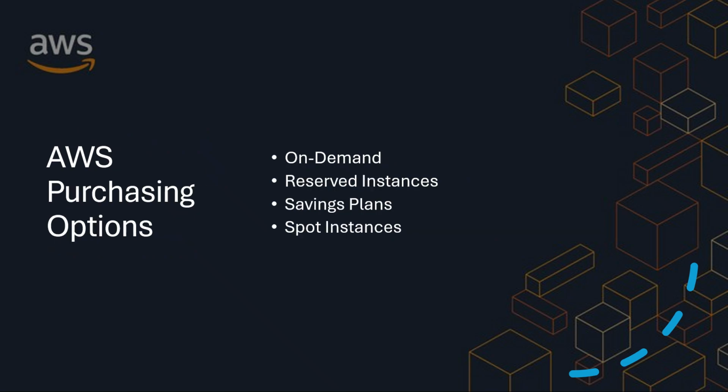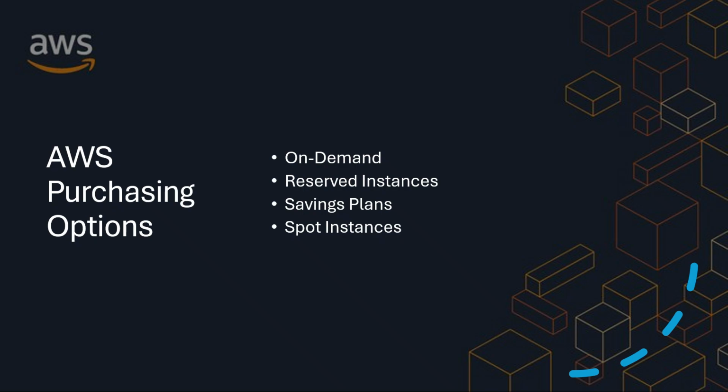AWS provides multiple purchasing models to help reduce compute costs. On-Demand is the simplest and most flexible, but also the most expensive. Reserved Instances give you about 72% savings when you commit to using specific instance types for 1 to 3 years.